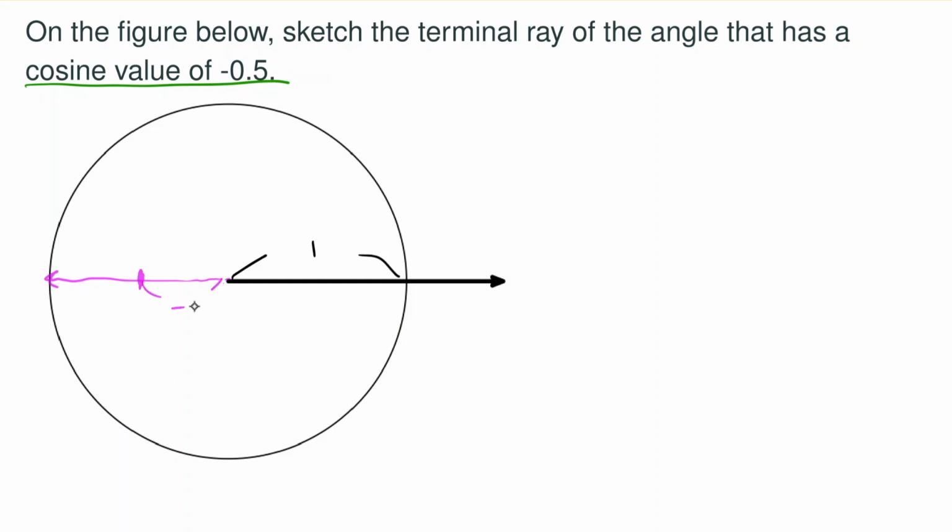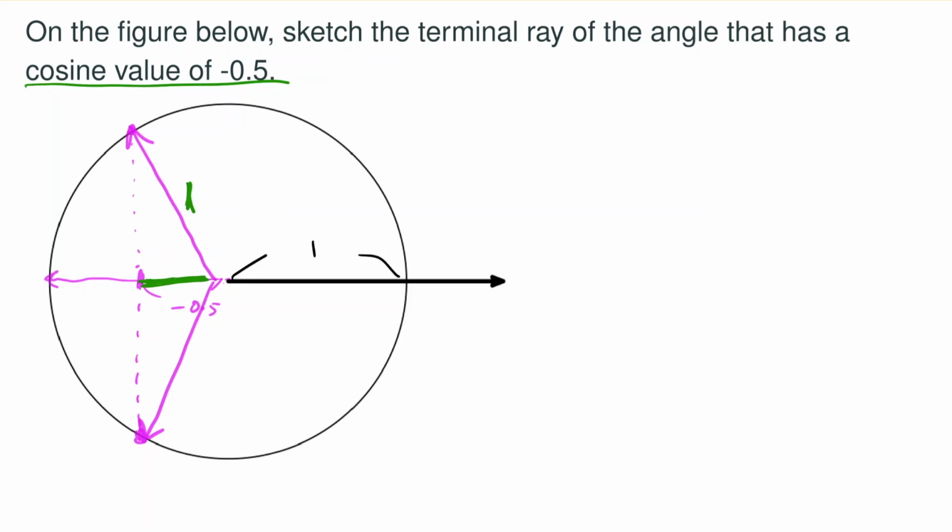So this length is negative 0.5. So the angle that ends in a terminal ray right here, like here or here, like this angle, for example, or this angle, they both have the same terminal ray, or this angle.